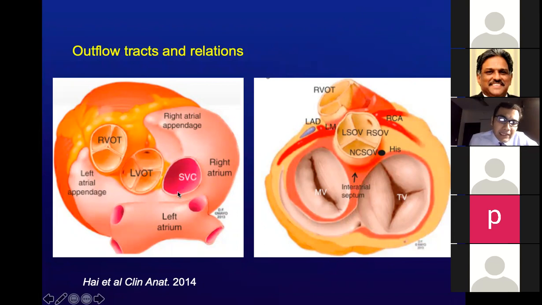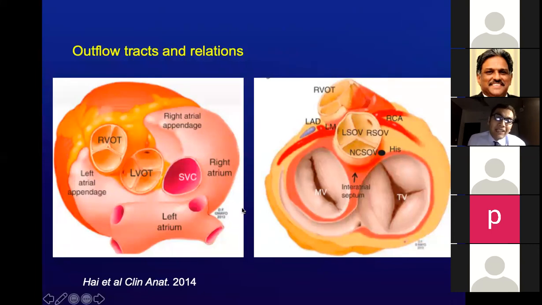And interestingly, the SVC is also related to the pulmonary veins. So if you poke a needle from the SVC posteriorly, you will enter the right superior pulmonary vein. This relationship is also important because one of the common issues we face is also anomalous pulmonary vein connection.